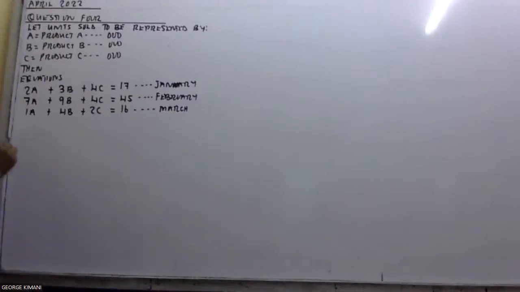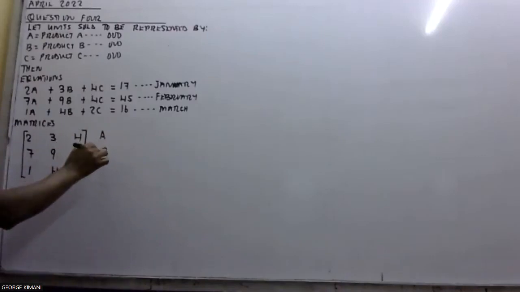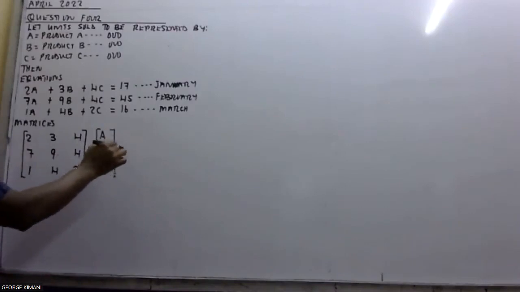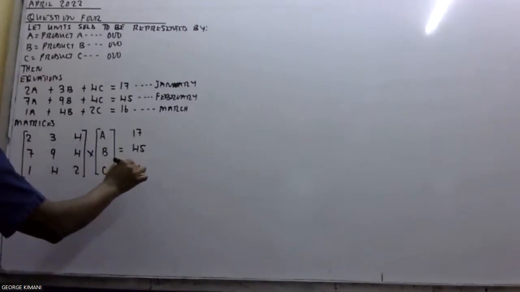So with that, now we write matrices. I will have 2, 3, 4, 7, 9, 4, 1, 4, 2. Those are the coefficients to multiply A, B, C. And this should be equal to 17, 45, and 16.